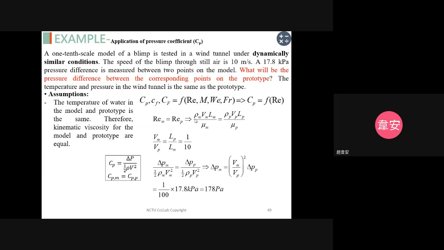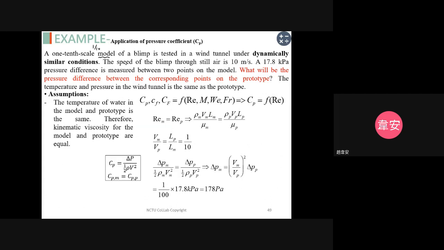Okay, this is another exercise. We want to predict the pressure difference. The exercise explains the problem: a 1/10 scale model of a blimp is tested in a wind tunnel under dynamically similar conditions.